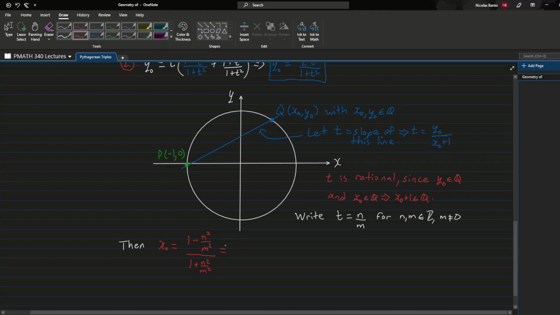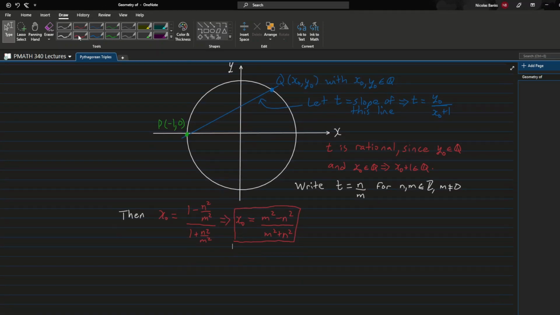Multiply the top and bottom by m squared and you get m squared minus n squared over m squared plus n squared. Some quantities that you might recognize from the very beginning of the lecture, or from yesterday's lecture, the last lecture.